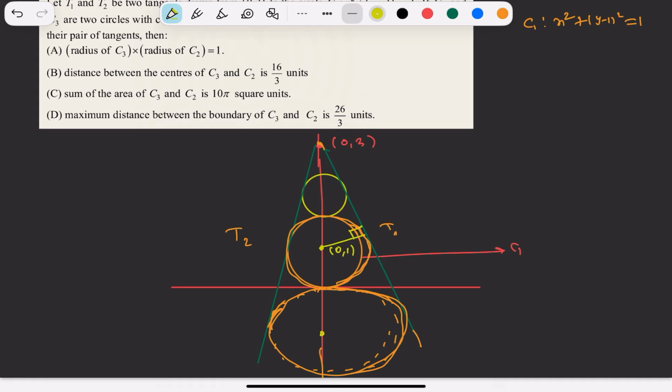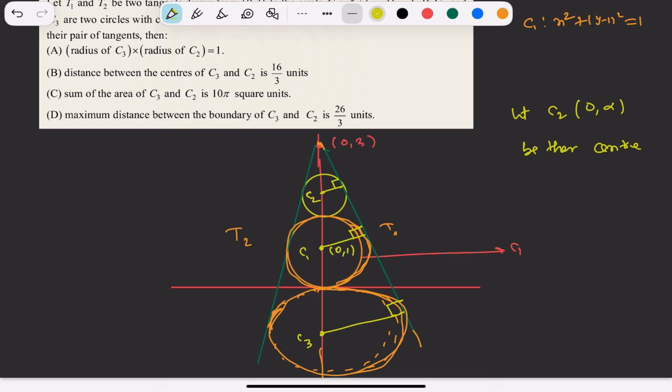Even for the other center, this will also be perpendicular. If I give the names, this is C1, this is C2, and this is C3. I am assuming that C2 has center (0, alpha).